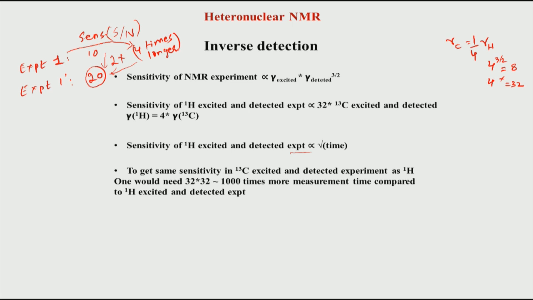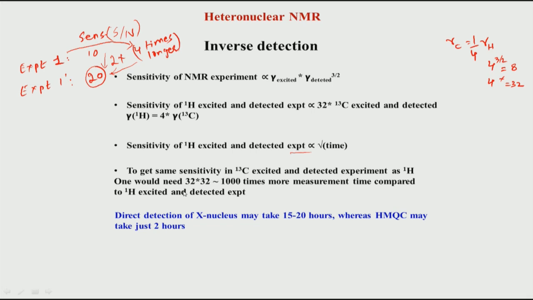You will see typically in all spectrometers that if you want a carbon 13 1D spectrum, we use much longer times because of this reason. Therefore, it is important to record everything in a short time. For example, a carbon 13 spectrum we usually record for about 15-20 hours, whereas a 2D experiment may simply take 2 hours.